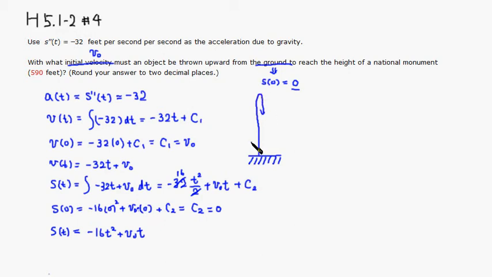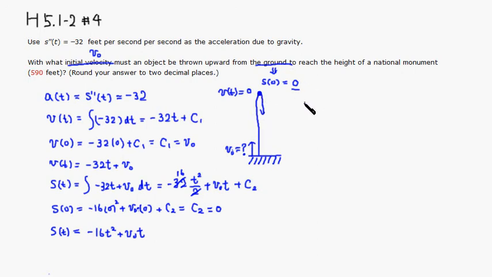We are looking for this initial velocity v0. At the highest point, the velocity is going to be 0, because it has to stop and come back down.